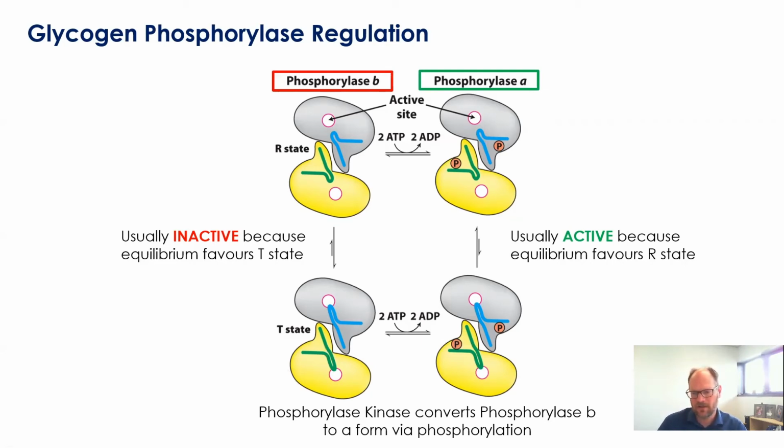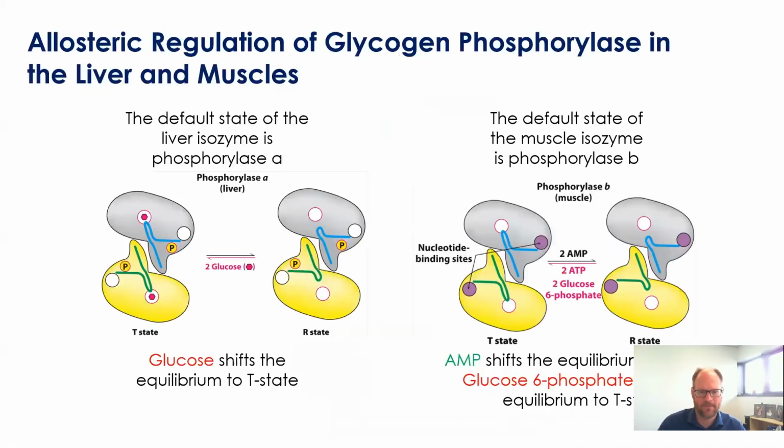In other words, there are two forms, a T and R. And the phosphorylation event tends to drive the enzyme towards one state or the other, where the phosphorylated state is locked towards the active form and the dephosphorylated state is locked towards the inactive form.